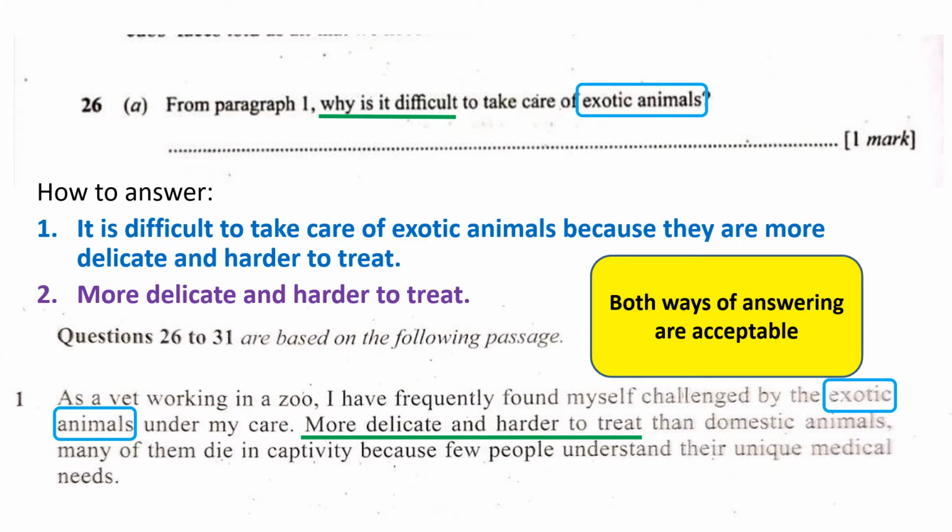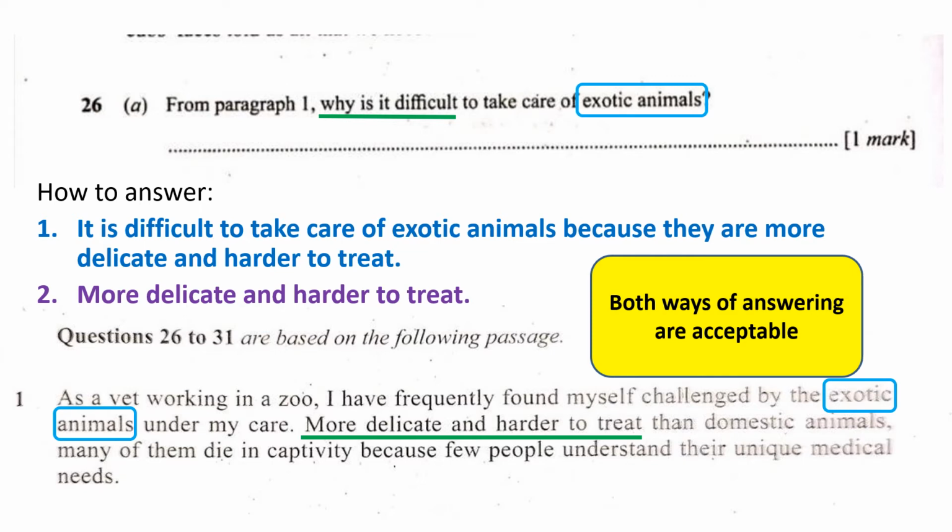But you must remember this. English subject and BM subject are not the same. They often vary and differ in many things, and this is one of them. In Bahasa Melayu Pemahaman, if the question asks you, mengapakah menjaga haiwan eksotik itu sukar? You answer: menjaga haiwan eksotik itu sukar kerana... You have to answer in full sentences.